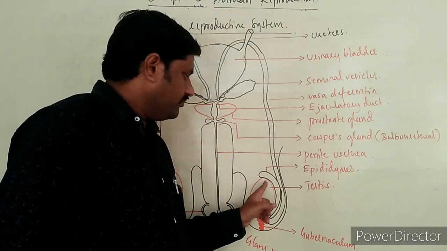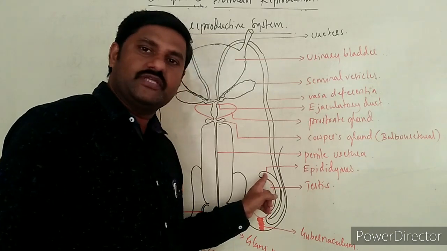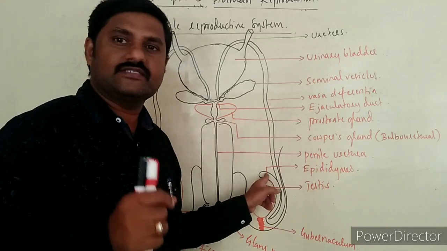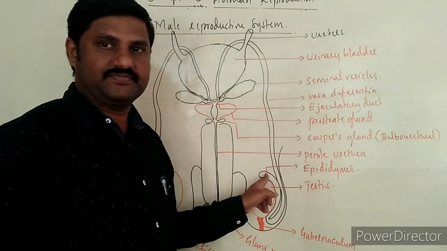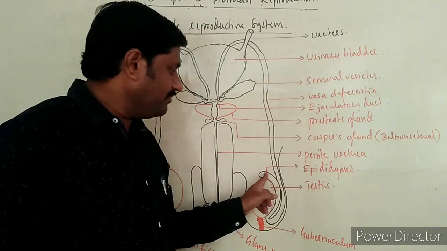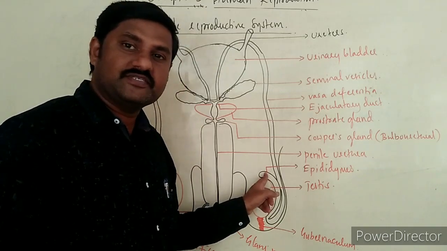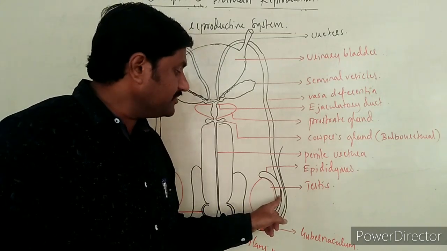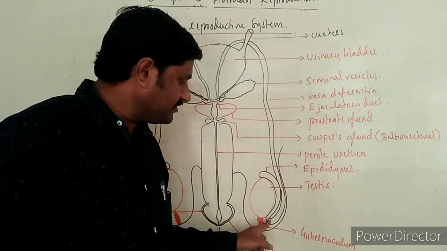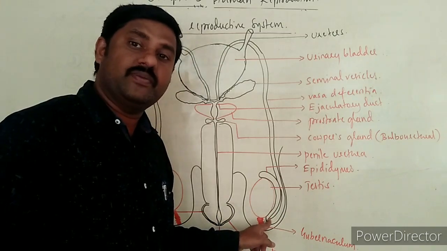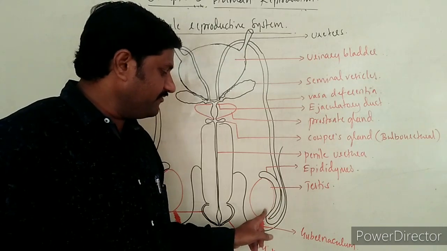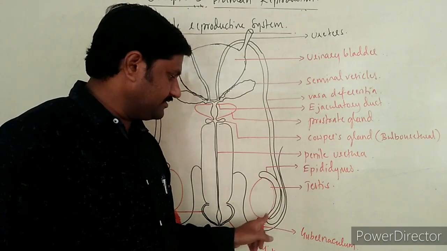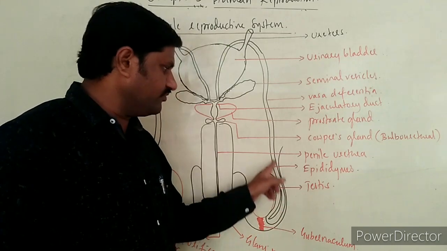The vasa efferentia open into the anterior part of the epididymis, called caput epididymis. From the caput epididymis, the sperms travel to the body of the epididymis, and from the body they travel to the cauda epididymis, the tail part, from where storage of the sperms takes place along this epididymis as well as the vas deferens.